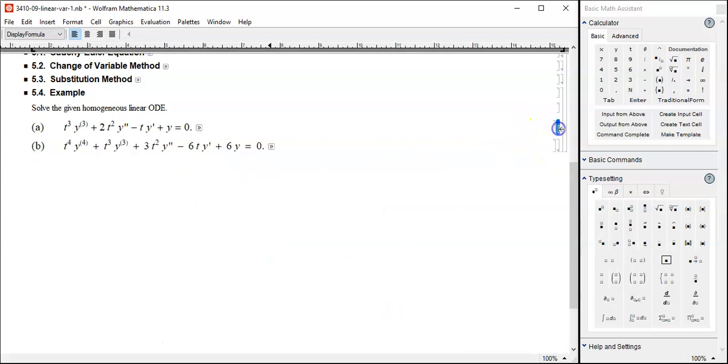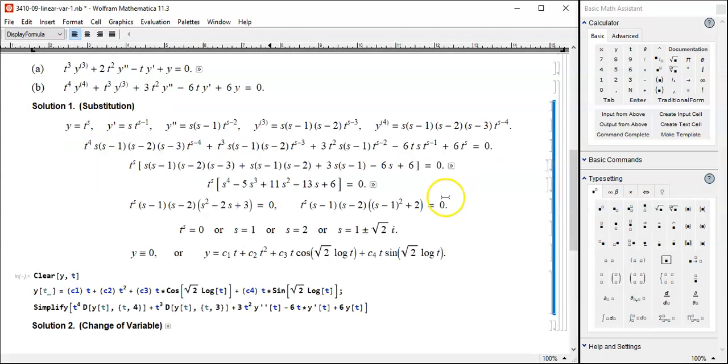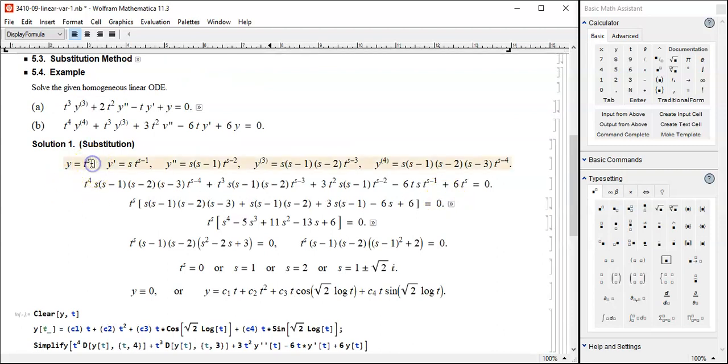How about the next problem here? This one, I think you'll have to use a computer algebra system to factor this. Ready? Okay, here we go. Substitution. y equals t to the s power, first derivative, second derivative, third derivative, and the fourth derivative.